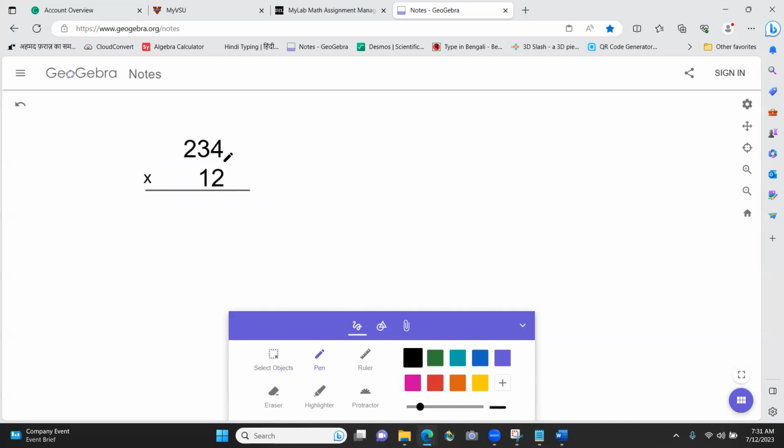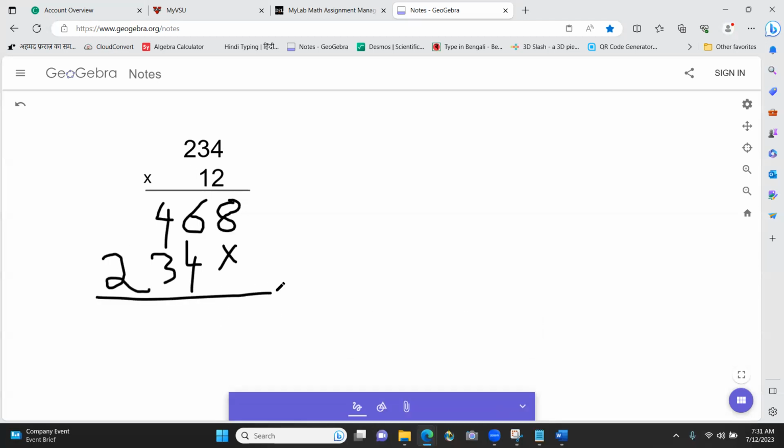So the way we were taught, 4 times 2 is 8, 3 times 2 is 6, 2 times 2 is 4, and you can put a 0 or a cross sign, doesn't matter. 4 times 1 is 4, 3 times 1 is 3, 2 times 1 is 2, and you add them up correctly. 8, 4 plus 6 is 10, 4 plus 3 plus 1 is 8, and 2.